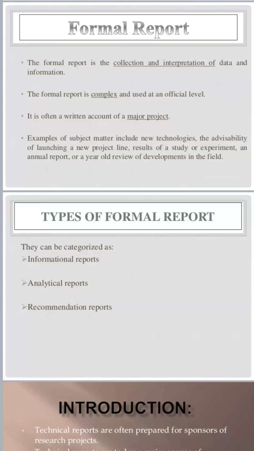It is the core part of a formal report. What we do with this data, we first collect that data, and then with that data we make some interpretations. When we interpret the data, we are now converting the report into the formal one.